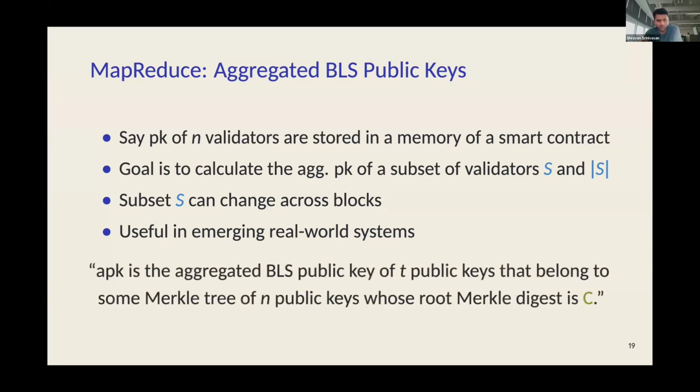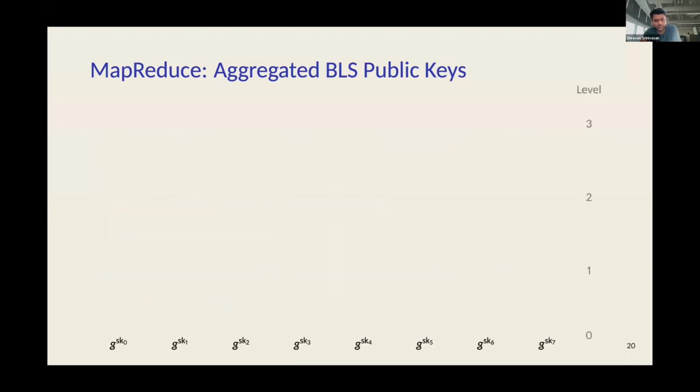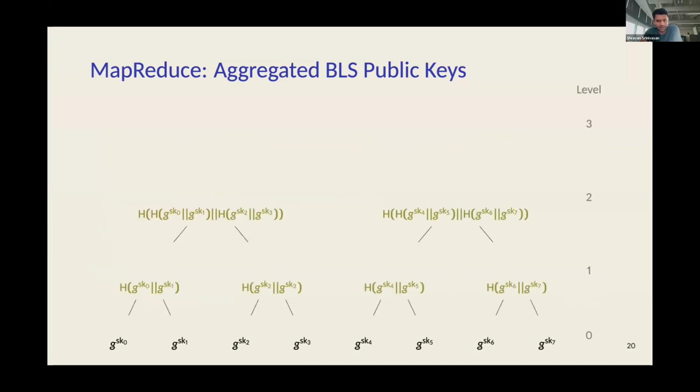So the exact statement which we prove is APK is the aggregated BLS public key of T public keys that belong to some Merkle tree of n public keys, and the root digest of that n BLS public keys is actually C. So say in this example, let's say that we have a Merkle digest over the BLS public keys of a slot A0 to A7, and say positions 2, 4, and 5 sign a specific message.